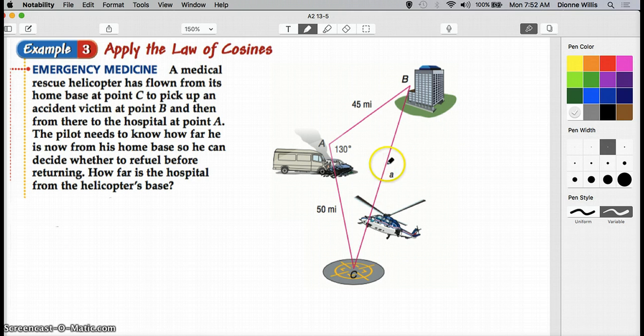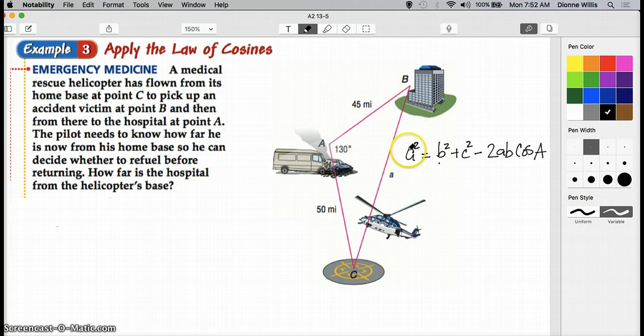In this case, we're looking for side A, and we have angle A. Let me get a pen that works in a size that makes sense. We should have A squared is equal to, remember, B squared plus C squared minus 2 times BC times the cosine of A. That's how I remember it.